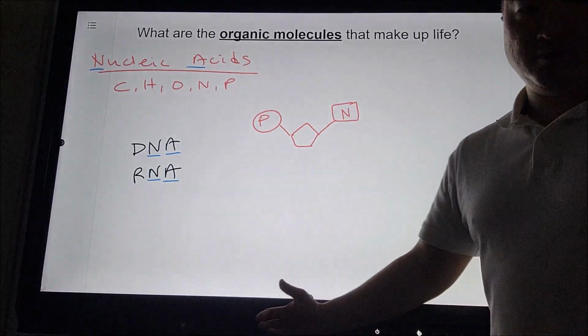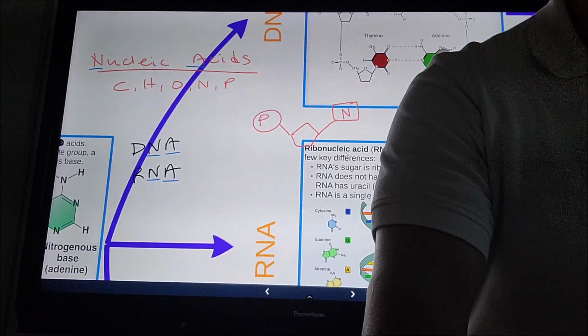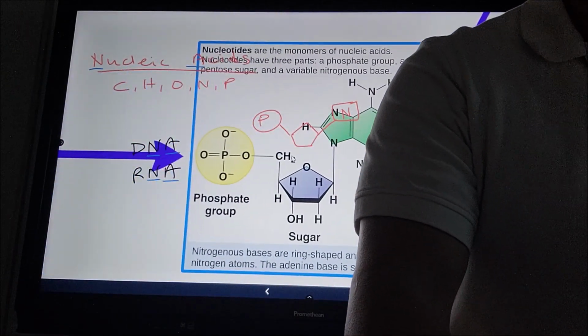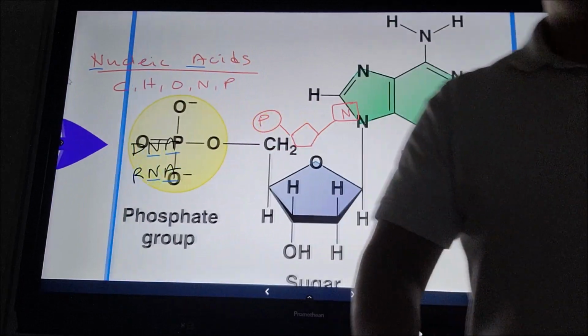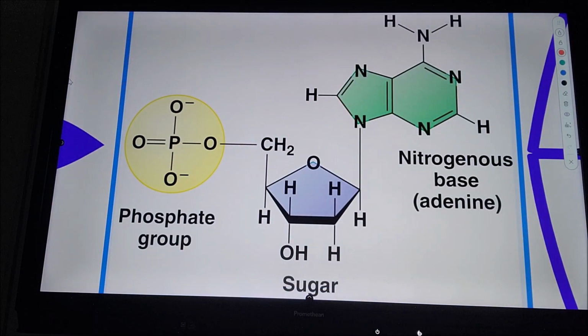So again, these are all simplified. Let me show you what a more technical image would look like. All right, so there is a nucleotide, or a monomer of a nucleic acid.